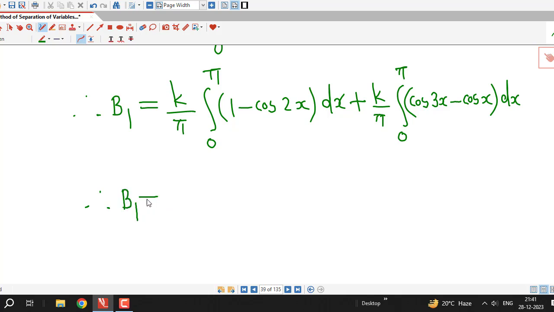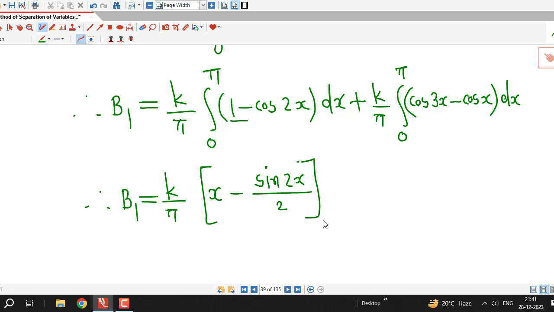Therefore b1 becomes k divided by pi, integral of 1 with respect to x is x, integral of cos 2x is sin 2x divided by 2. Limits are for x equal to 0 to pi, plus k divided by pi.